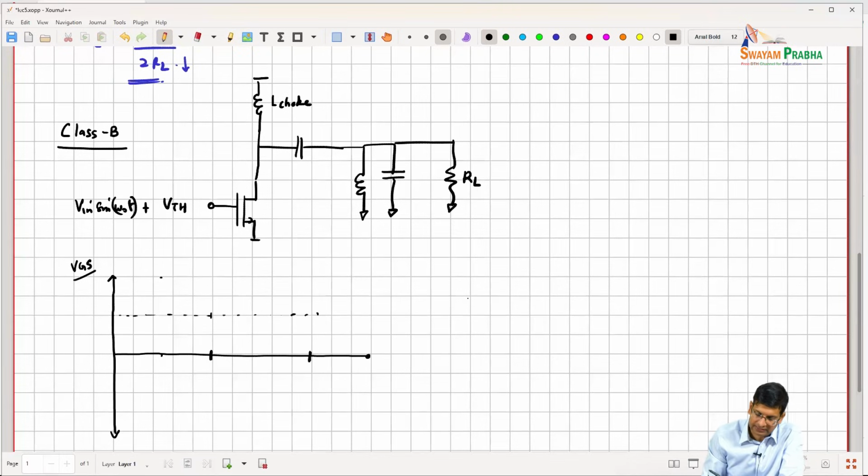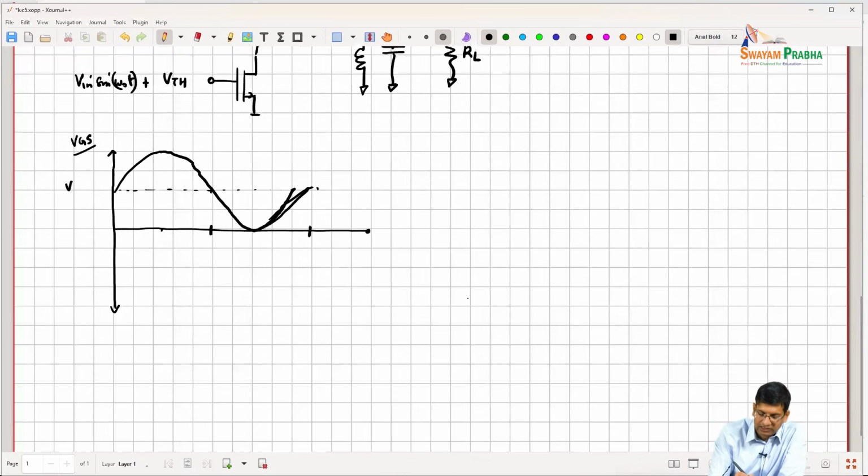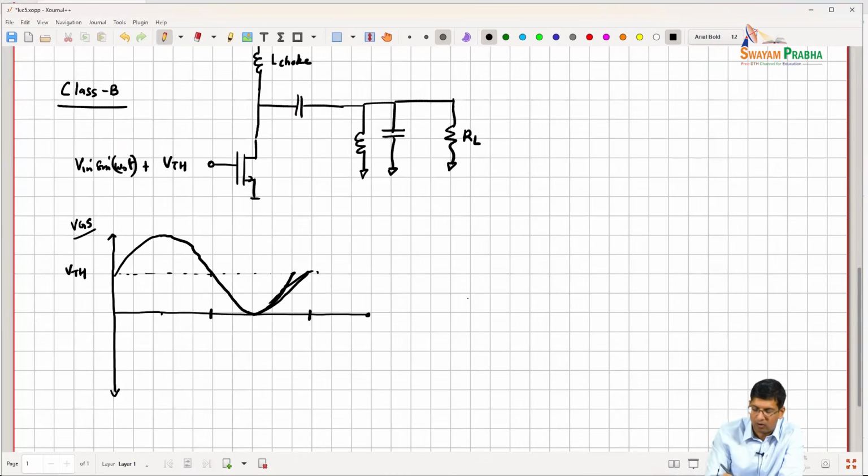So let's consider a scenario where the input swings like so. So we have an input swing that is like this, but this is VTH. So what is happening is that the transistor is on only during this part of the cycle, and at this part of the cycle the VGS is below the threshold, so the transistor is not pulling any current.